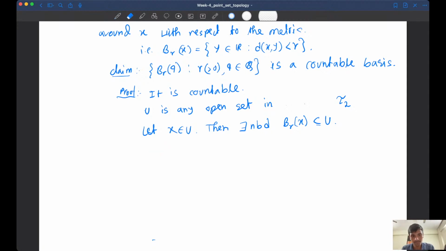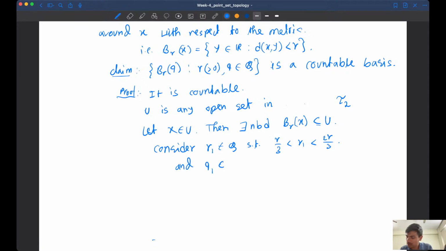So consider r1 belonging to Q such that r/3 < r1 < 2r/3, and q1 belonging to B(x, r/3) intersection Q. Now the claim is, clearly x belongs to the ball of radius r1 around q1, as d(x, q1) is less than r/3, which is less than r1.